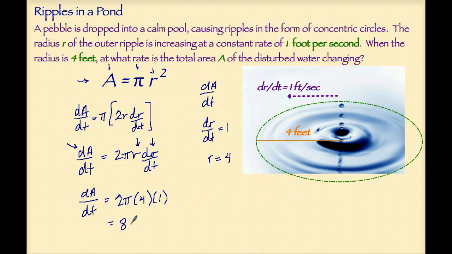This is 8 pi, and since this is the rate at which an area is changing, our units will be feet squared per second. You have to assign correct units to your rates or to whatever quantity you're solving for in a related rates problem.